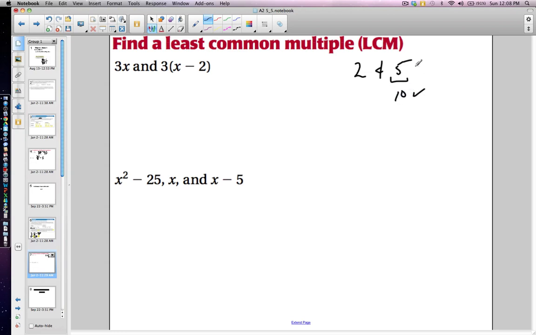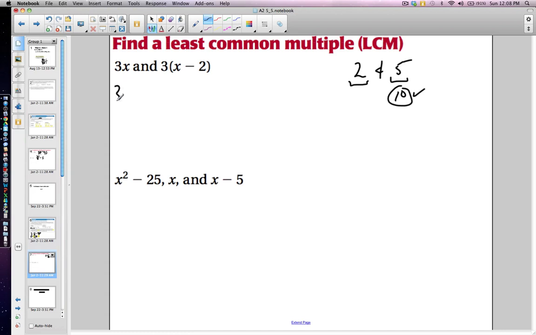That's an algorithmic, trial-and-error kind of method that works, but it really doesn't work very well for polynomials. What we're really doing is looking at the individual factors. The factor of 2 is 2, and the factor of 5 is 5. If I multiply them together, I get 10. I get to take the factors.